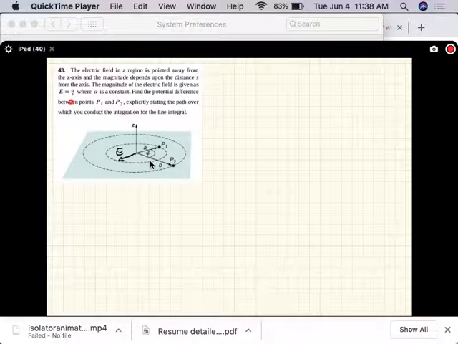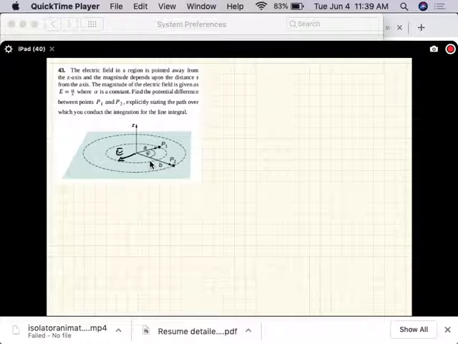The magnitude of the field is given by alpha s, where s is the radial distance. Alpha is a constant. Find the potential difference between points P1 and P2, explicitly stating the path over which you conduct the integration for the line integral.